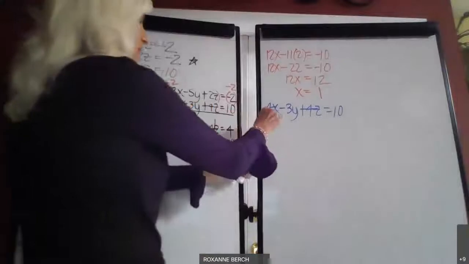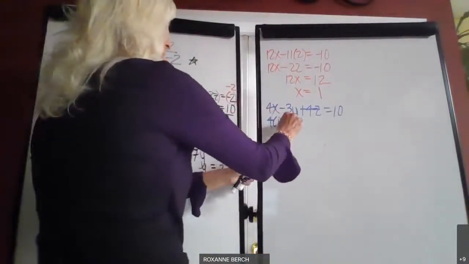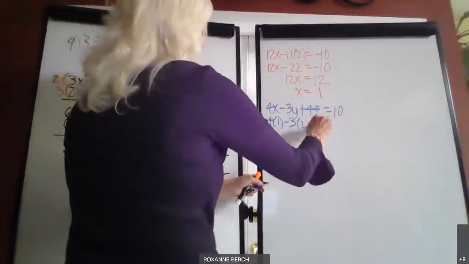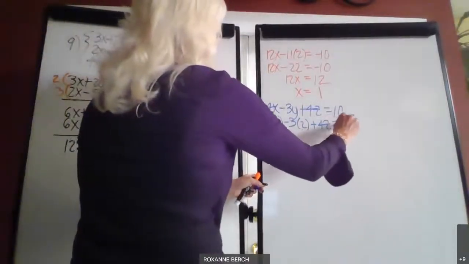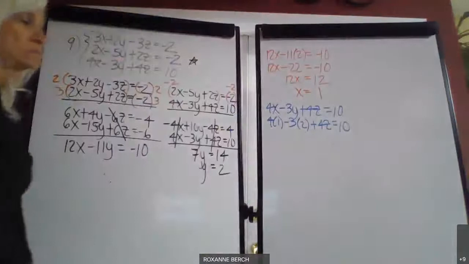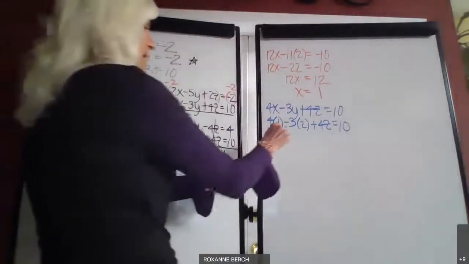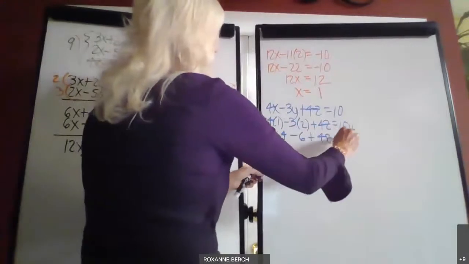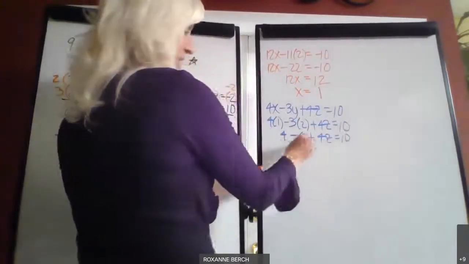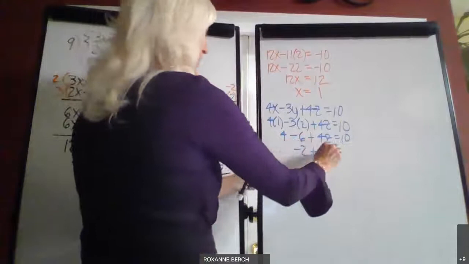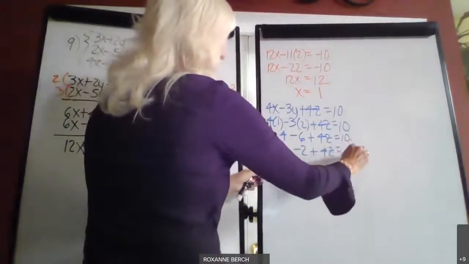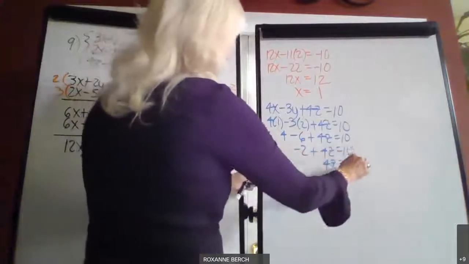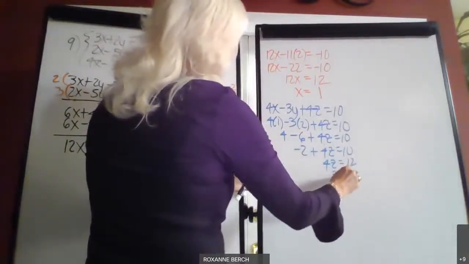You're going to plug in the 1, so that's 4 times 1 minus 3 times 2, plus 4z equals 10. So 4 times 1 is 4, minus 6, plus 4z equals 10. Combine those would be negative 2 plus 4z equals 10. Add 2, that would be 12. Divide by 4.